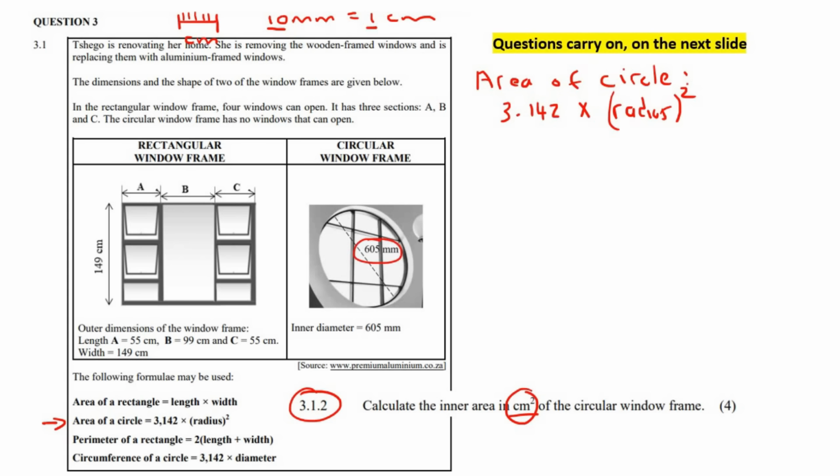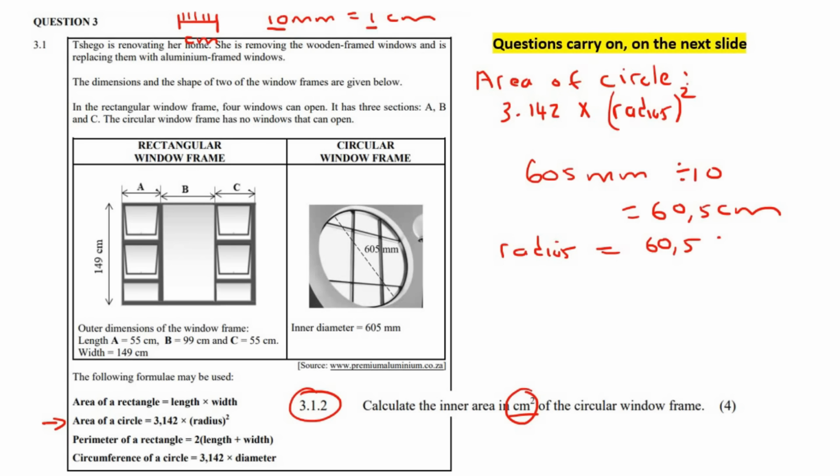So if we have 605 millimeters, then to get that to centimeters, you would divide by 10, and that's going to be 60,5 centimeters. And that is called the diameter, you see, because it's going all the way across. But what we need is the radius. So we know that the radius will be half of the diameter, so we can say 60,5 divided by 2, and that's going to be 30,25 centimeters.